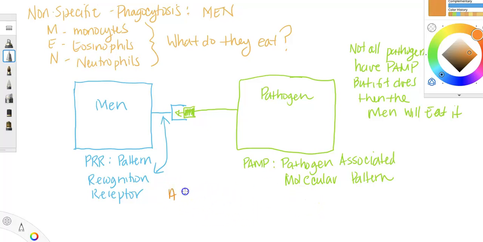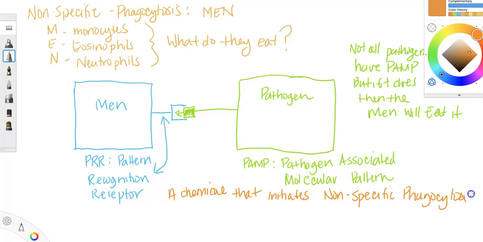So a chemical that initiates non-specific phagocytosis is called an opsonin.